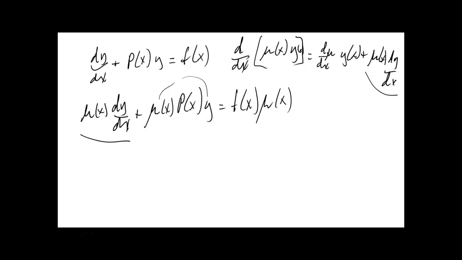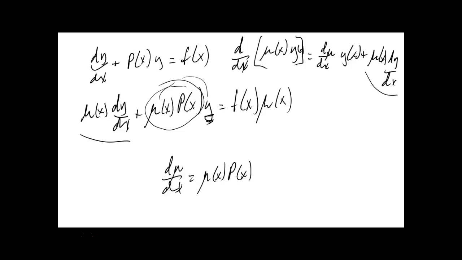Now, what we have here, there's your y. And if we could get this thing right here to be d mu of x equal mu of x p of x, if we could get that to be true, we'd be hunky-dory, wouldn't we?